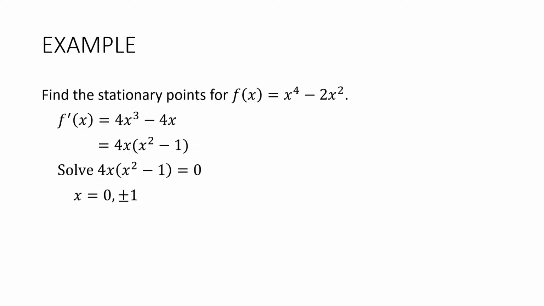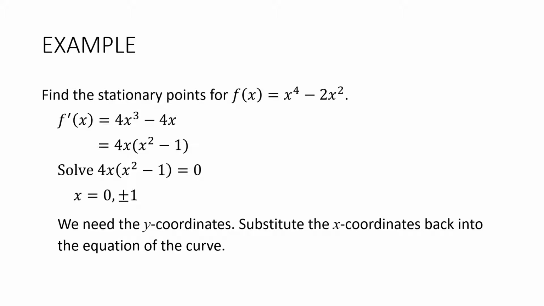Okay, that's not the end of the story because we've asked for the points, which means we need x and y. So in order to find the y coordinates, we substitute these back into the equation up here. A common mistake is to substitute it back into here. That's always just going to give you 0. So we substitute them back into the curve so we can find the y coordinates.